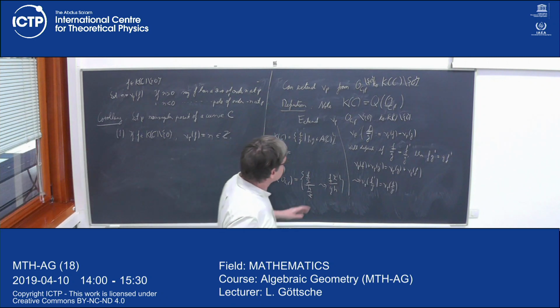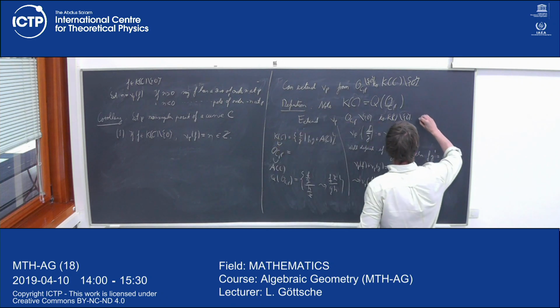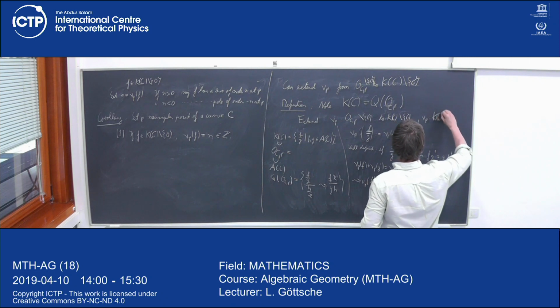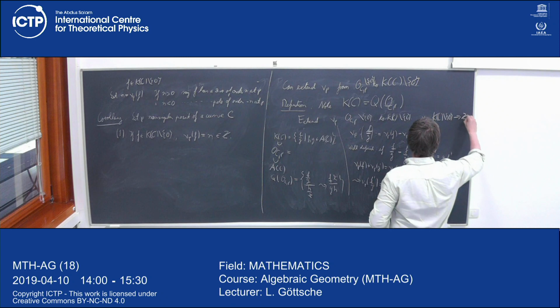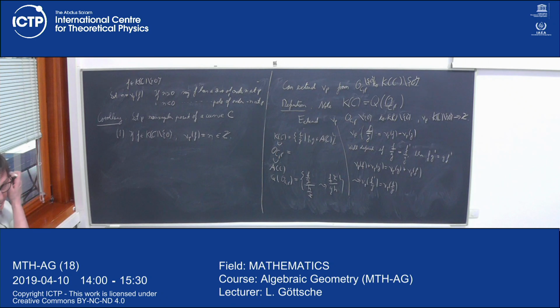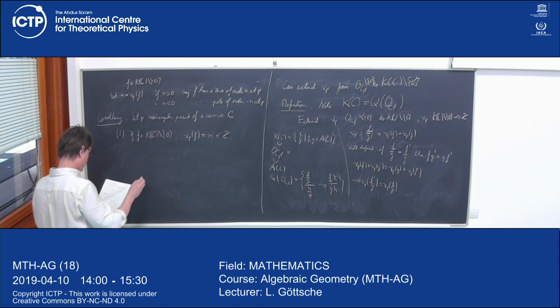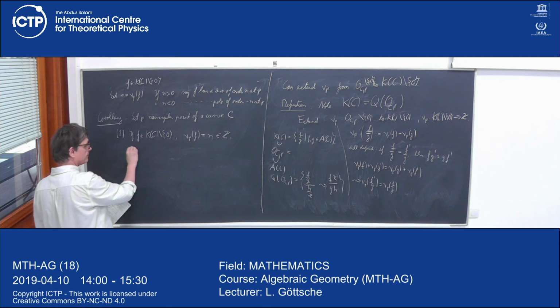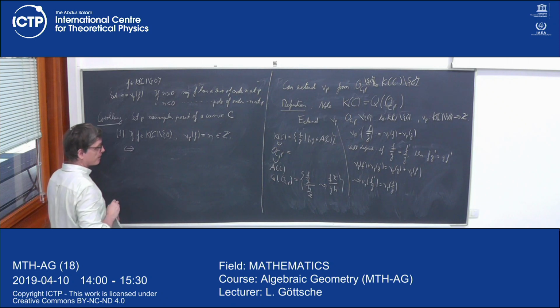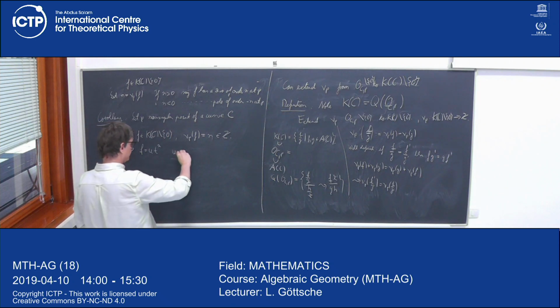When I extend it, nu p is now a map from KC without 0 to the integers. So nu p of f is equal to n if and only if we can write f equal to u times t to the n, where u is a unit.